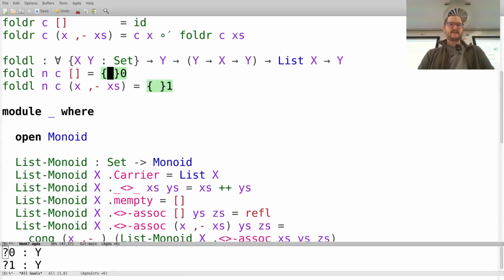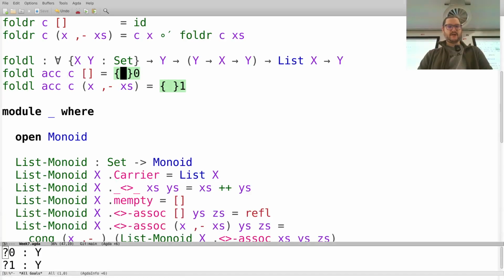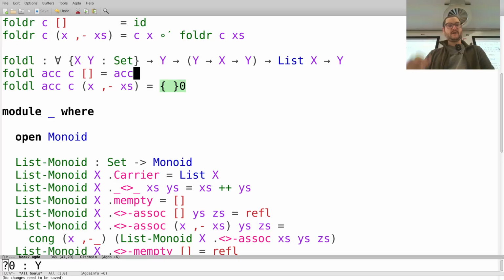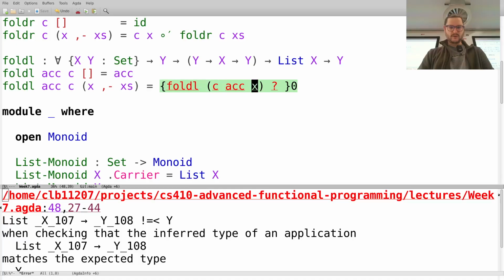And then matching on x's, if there's nothing left to do, well, I can return the result stored in the accumulator, which is actually a better name for this parameter, because as we'll see in the next case, we just shove more values into the accumulator as we go along.